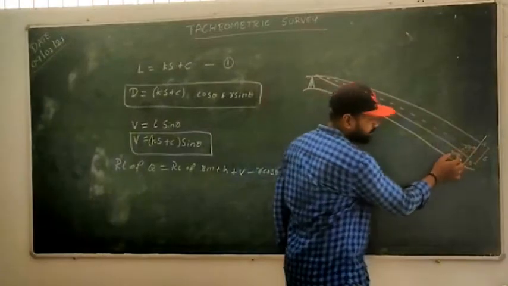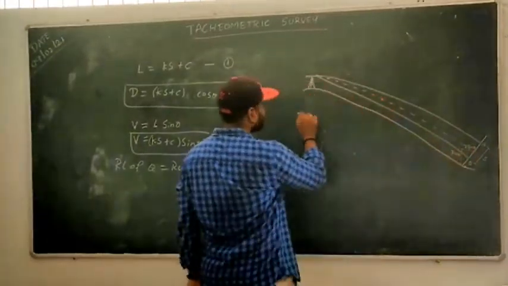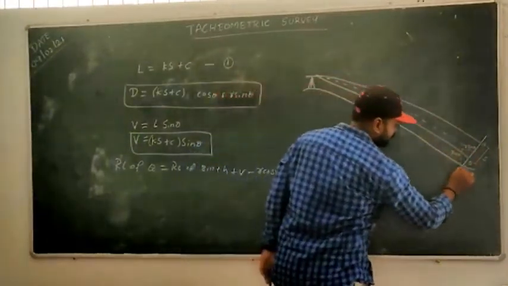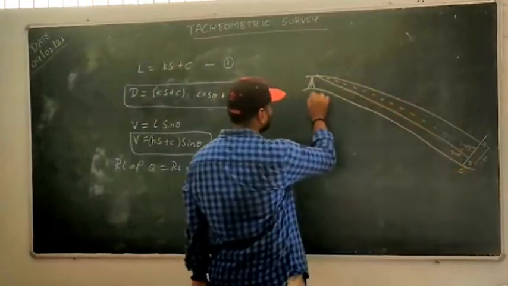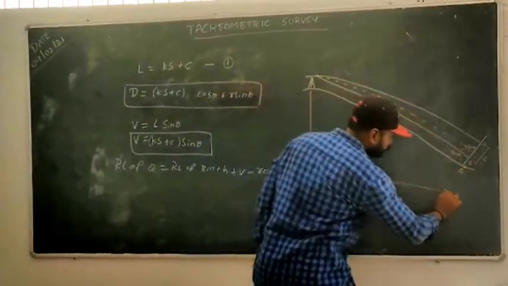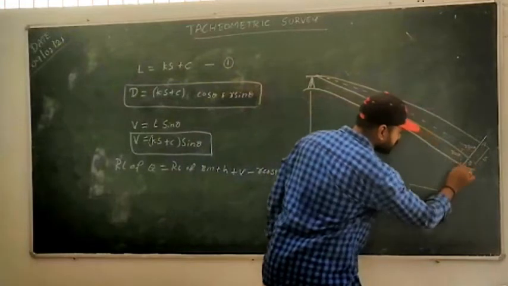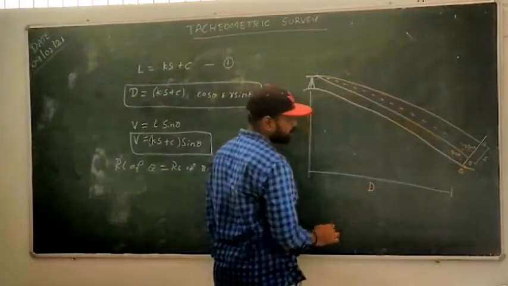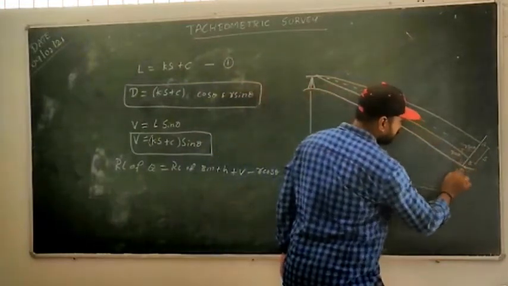Now say this point is Q. From here to here we have d.